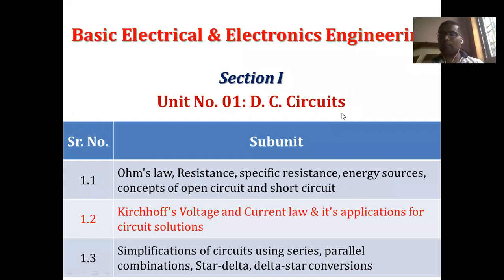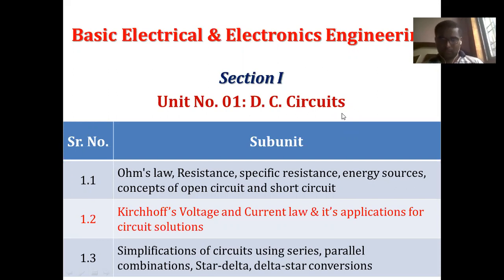Because everywhere in this subject we use the word circuit, so you must understand what is meant by circuit first. And you must know the full forms of DC as well as AC. As you rightly mentioned, DC stands for direct current and AC stands for alternating current.